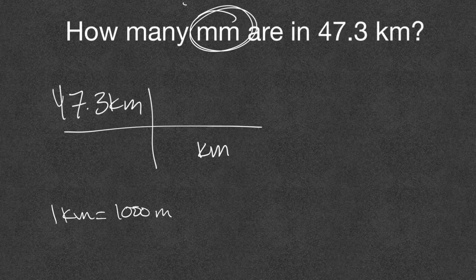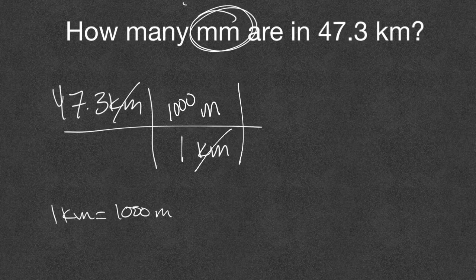I need to put that in a fraction where kilometers is on bottom. I know kilometers needs to go on bottom because I've already put it there. So 1 kilometer equals 1,000 meters. I'm looking for millimeters. Meters is on top. That's one clue that I'm not done. Plus, we had already looked at the conversion factors and knew that we were going to use 2 conversion factors.